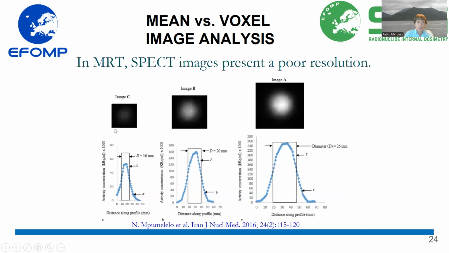So we can obtain, of course, those volume histograms, but they are not going to be realistic because we are going to have voxels with activity, but in reality, in that tissue, there is no activity. So we must be careful about that.